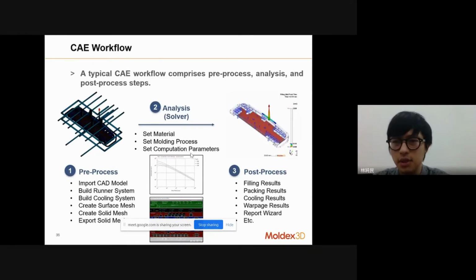So even on the same machine, sometimes you need to set the parameter a little bit differently. So for this kind of thing, we are also trying to make the gap between the simulation and the reality as small as we can. Just like I mentioned in the beginning, you remember the digital twin. Actually, it's a twin, so it means the simulation and the reality are the same. So we do this for our CAE workflow.